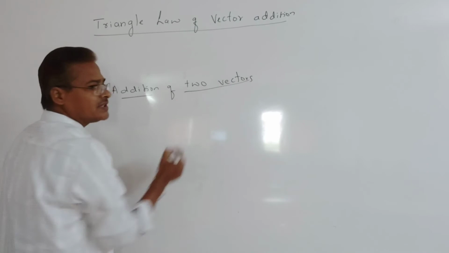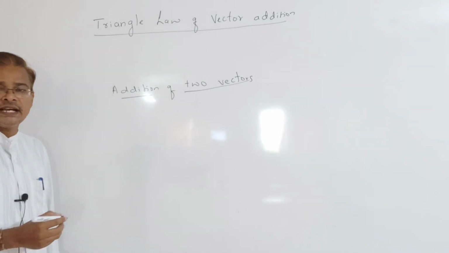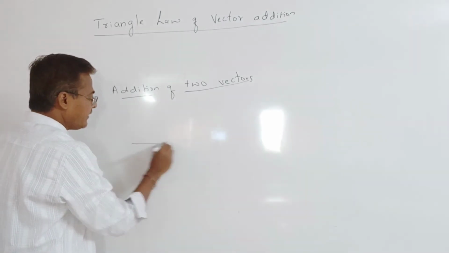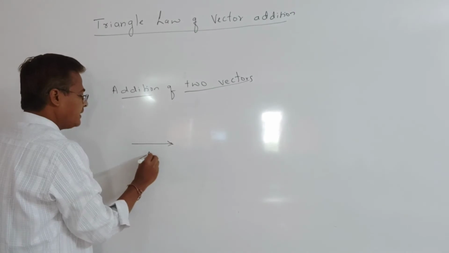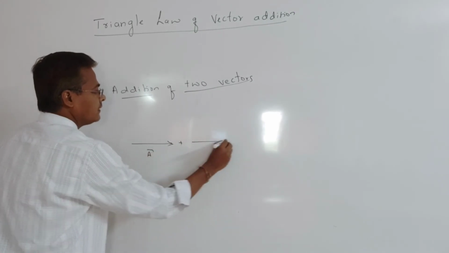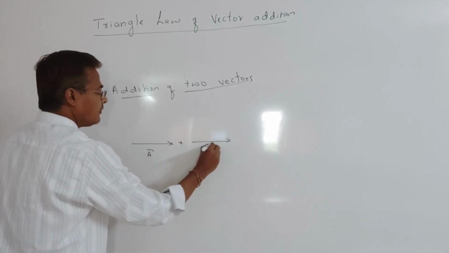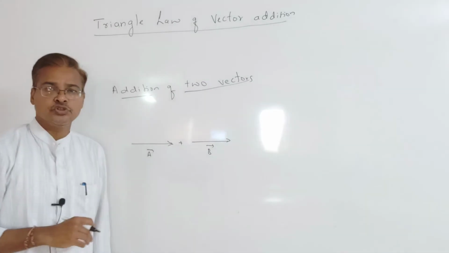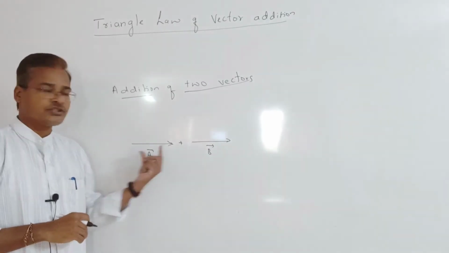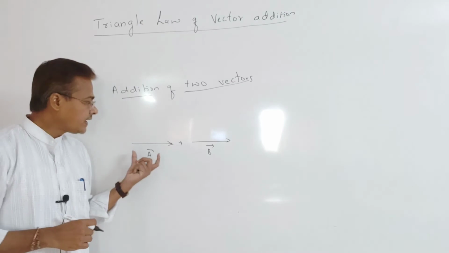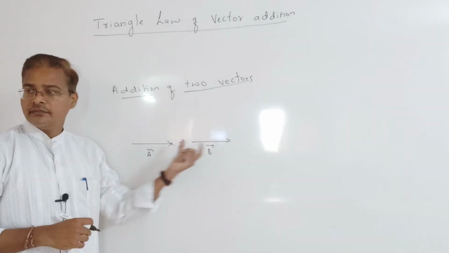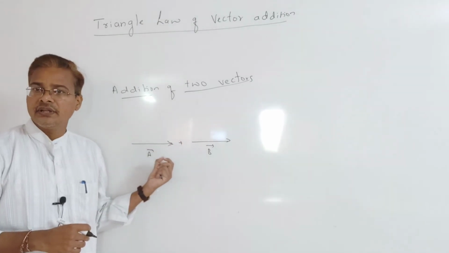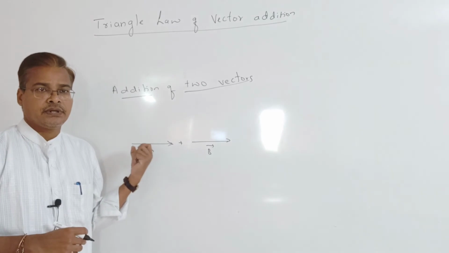Addition of two vectors means you can see that this is one vector, A vector, and this is the B vector. If the direction is the same, and we know the magnitude, then we add them up.